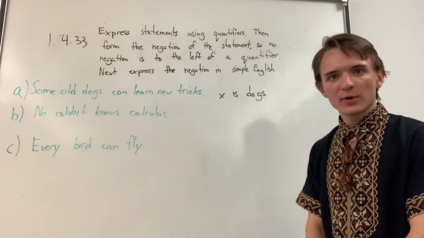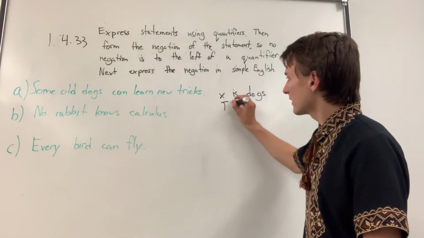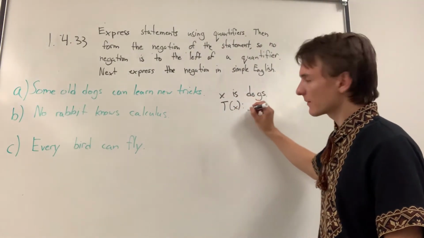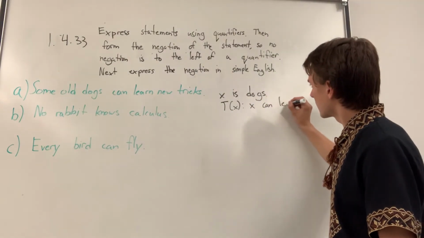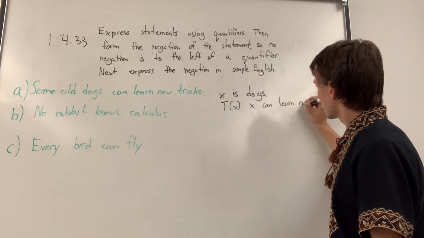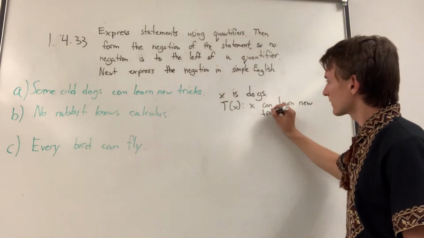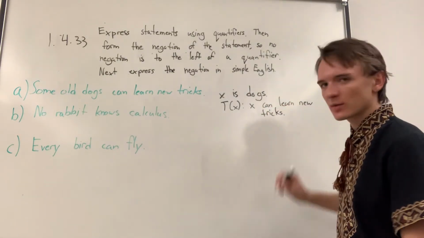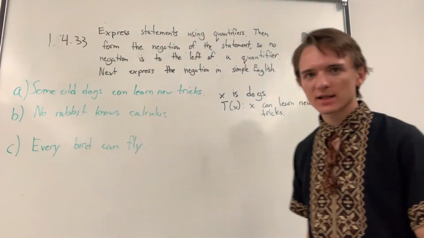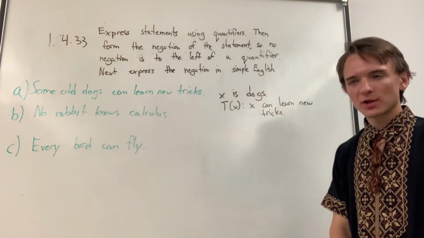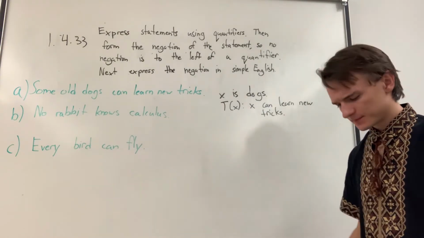Then let's define a predicate. Let's say that T of X is: X can learn new tricks, right? Because that's kind of like the action going on here. We're saying that the dogs can learn new tricks. That's our predicate.